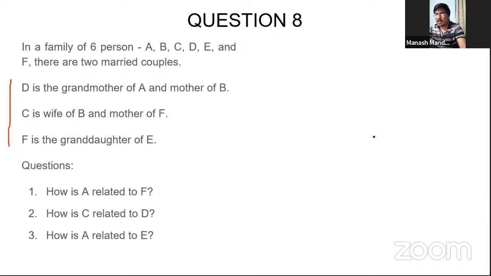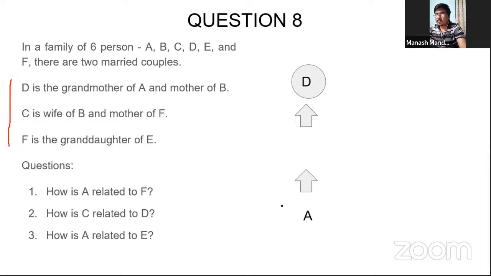The first hint is D is the grandmother of A and mother of B. Because D is the grandmother of A, we have to make two generations. So this is one generation, this is two generations. This will skip one generation and D will be here. Grandmother, so female, we have made a circle here, and mother of B.